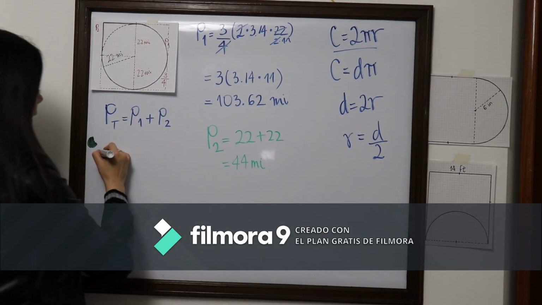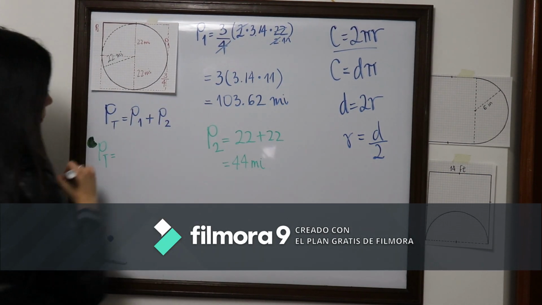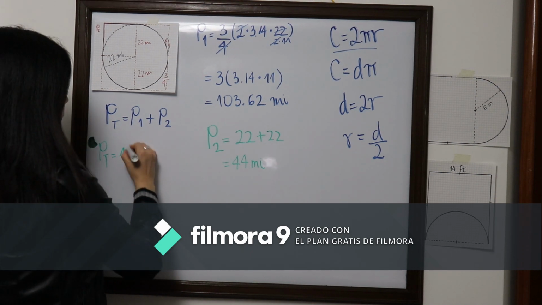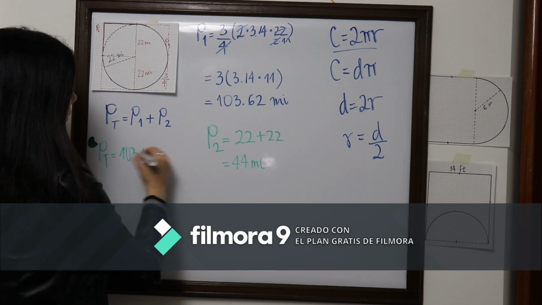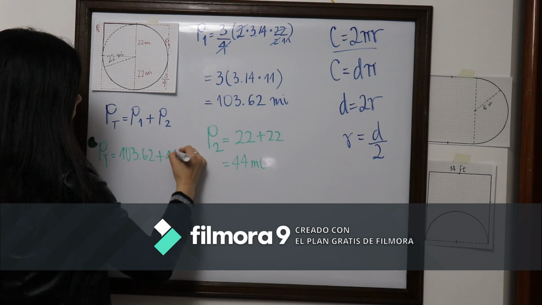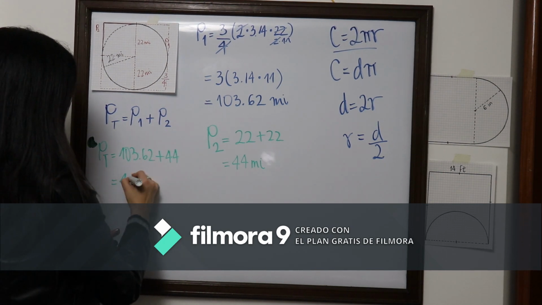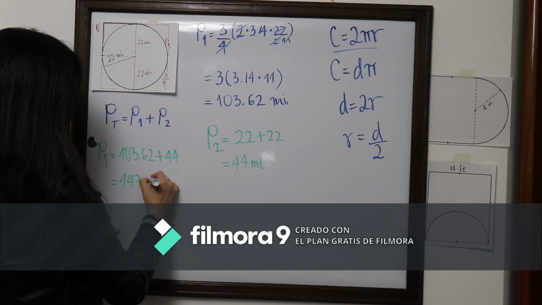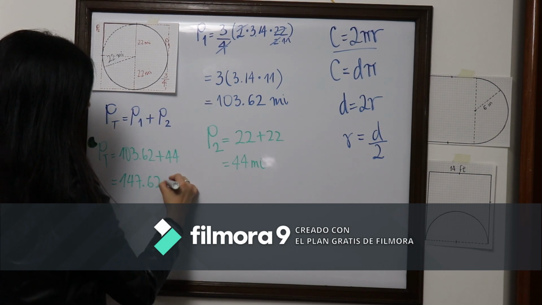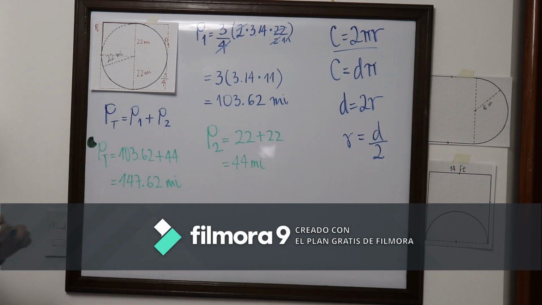So what that tells me is the total perimeter has to be the addition of 103.62 plus 44, which is actually pretty easy to add, right? 147.62 miles. And so that is the perimeter for this irregular shape over here.